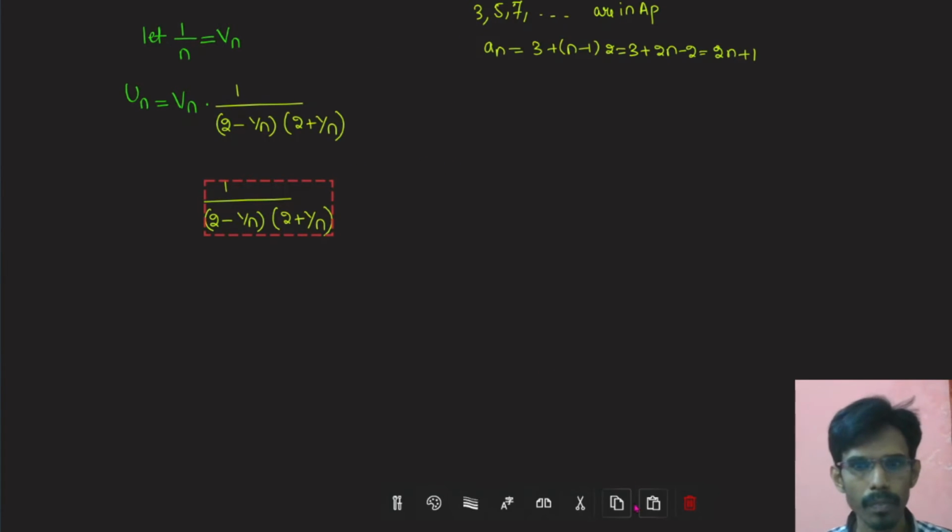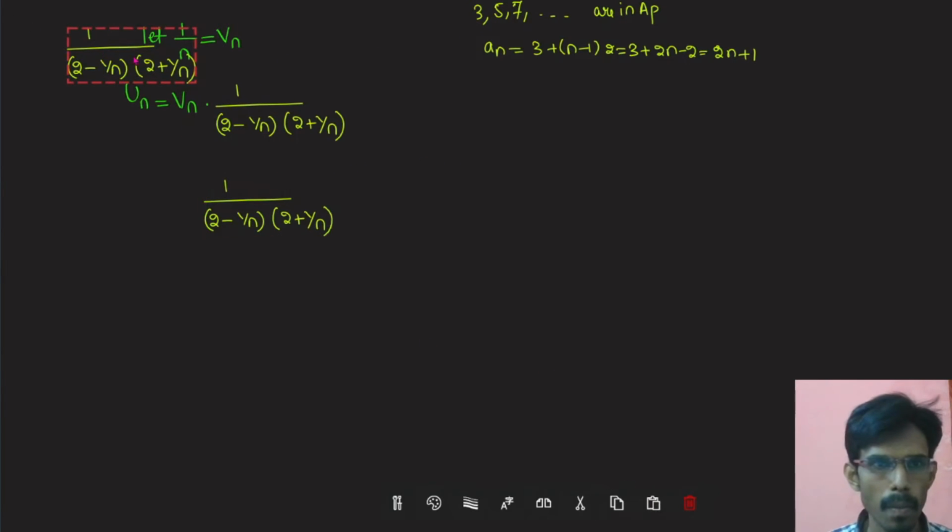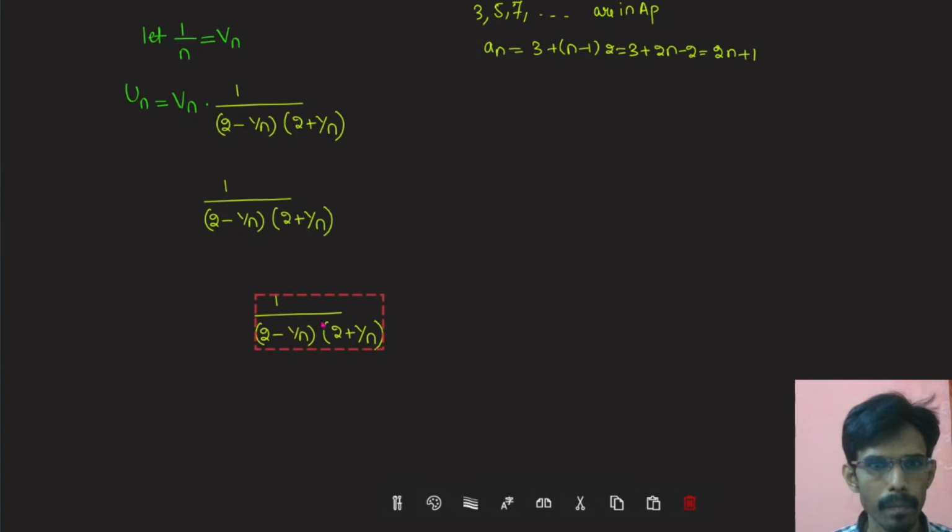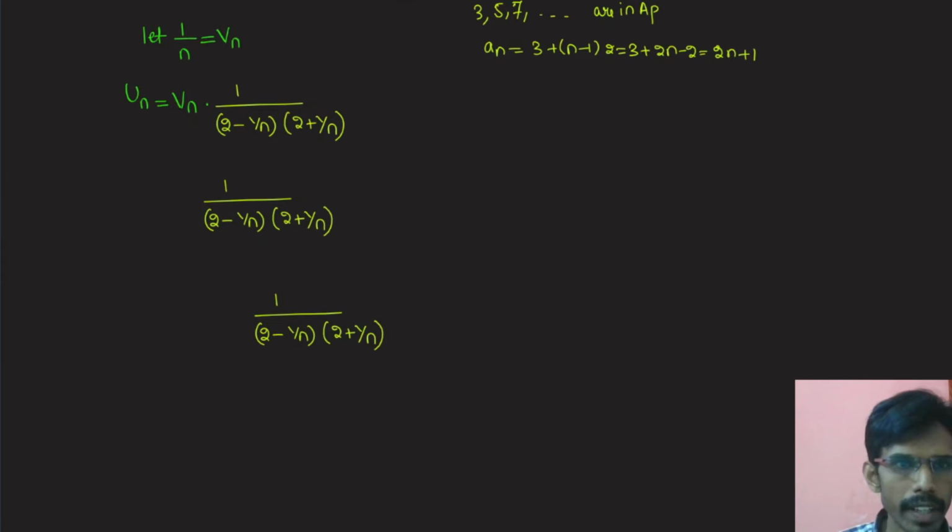Dividing both sides by Vn, then we have un upon vn, value is 1 by 2 minus 1 by n into 2 plus 1 by n.